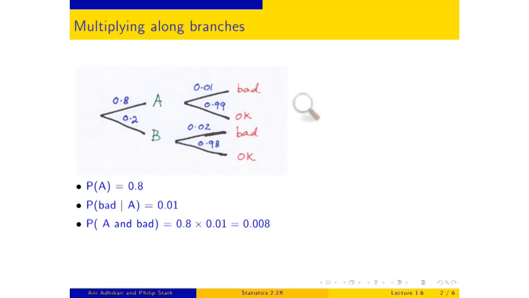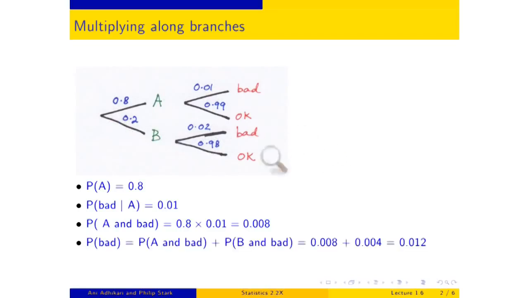Alright, so now I've stuck my hand and I've pulled out a widget at random and I ask you what is the chance that that thing is bad? Well, where is it in my picture? Well, it's either here or here, which means it's either in one of this branch or this one. It's either bad and came from machine A, or it's bad and came from machine B. There is no third option.